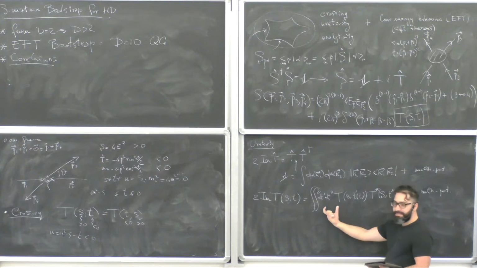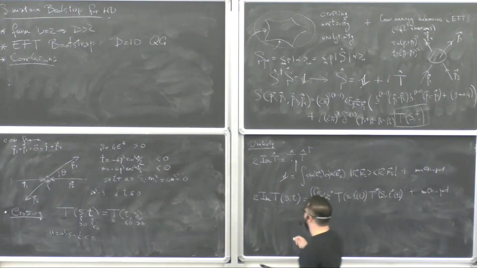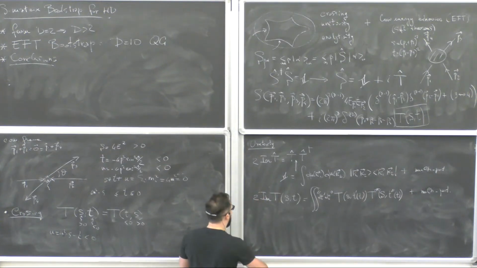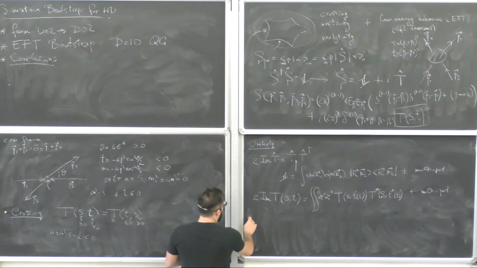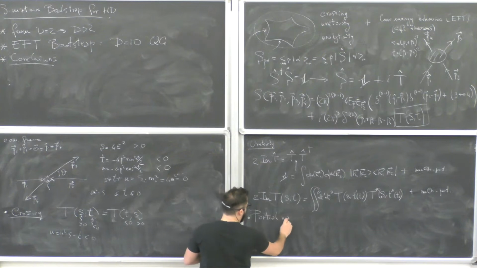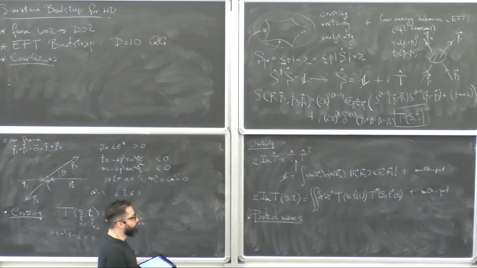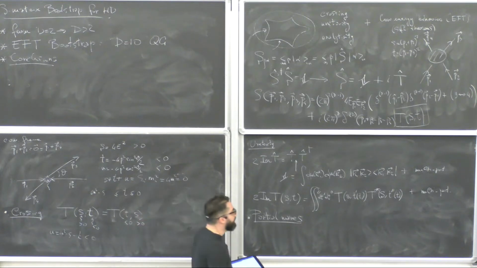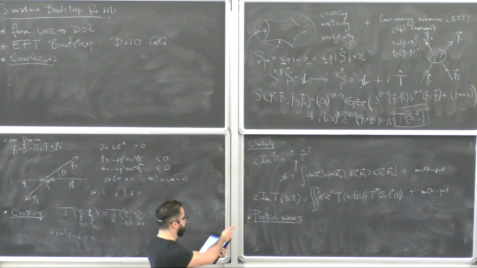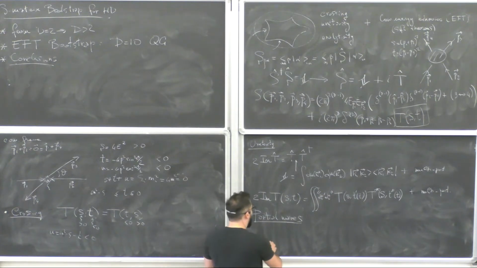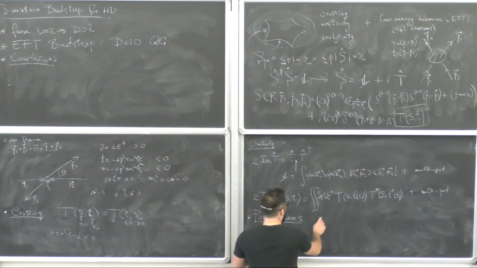Now, to diagonalize this kernel, what we will do, and will be useful later, is introduce partial waves. The reason to introduce this basis is to diagonalize this kernel, to diagonalize this integral. Now, partial waves are defined in this way.